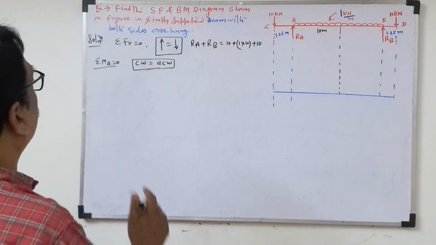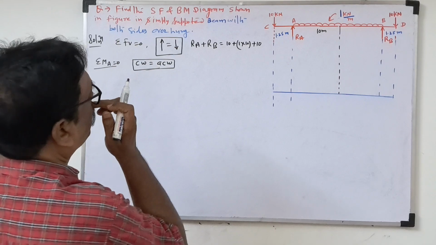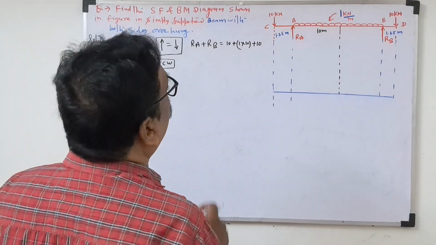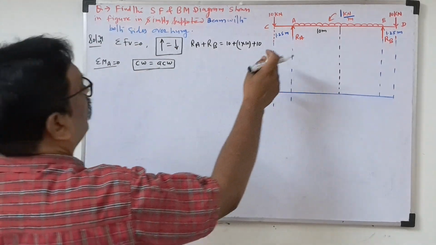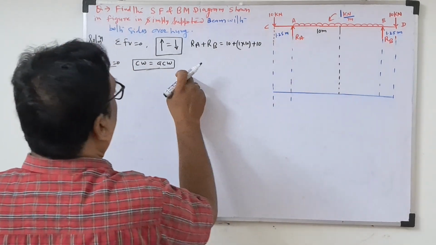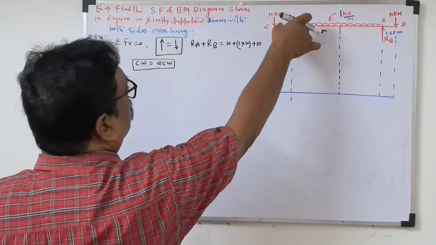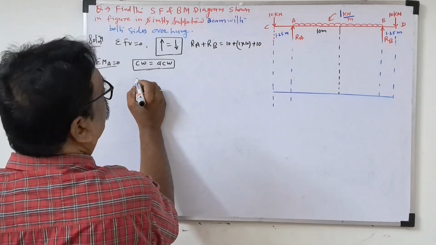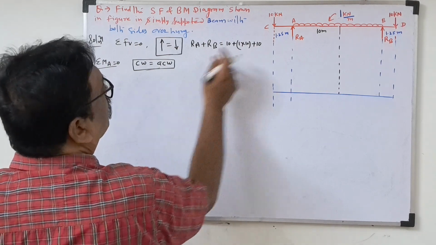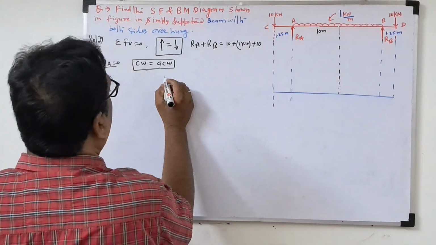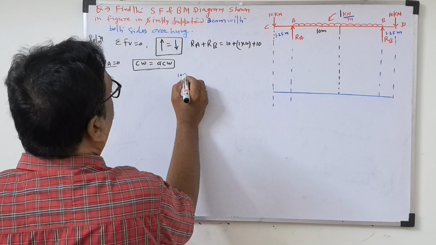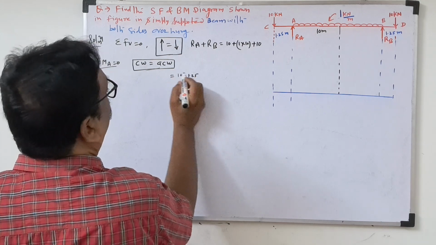So how do we take the moment about A? First we'll see this moment at point A, which is anti-clockwise: 10 into 1.25 on this side.